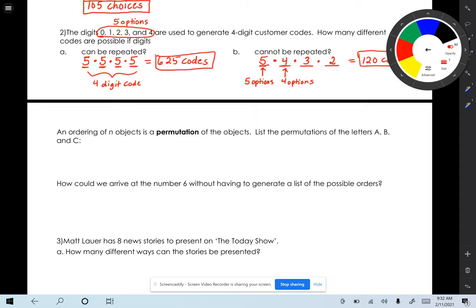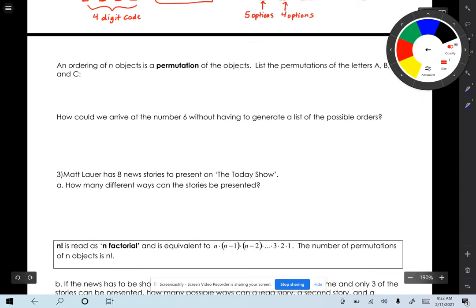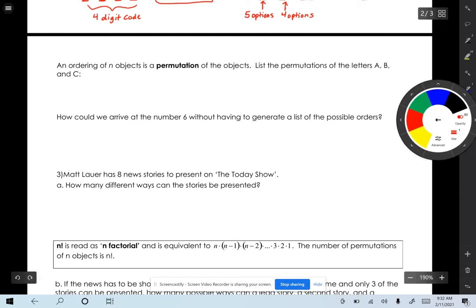Now moving on to the next page. An ordering of n objects is a permutation of the objects. List the permutations of the letters A, B, and C. There we go.